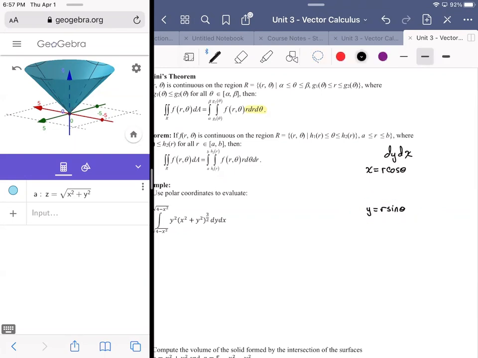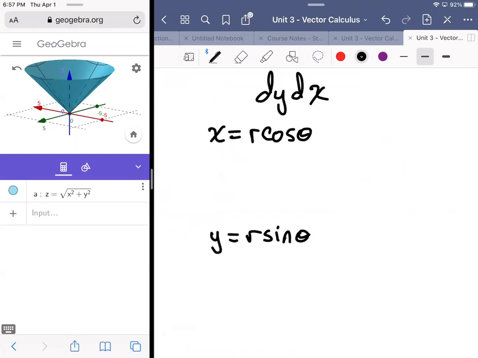So that's nothing new. I can make this a dx d something, dx d whatever I want, within reason, of course. Either dx dr or dx d theta. Pick the one you want. I'm going to go d theta.